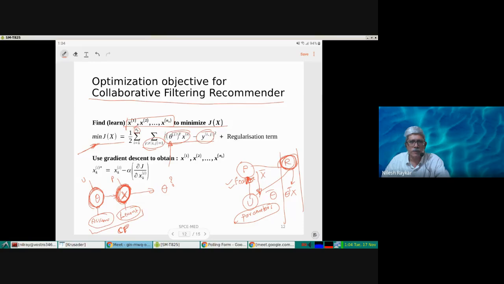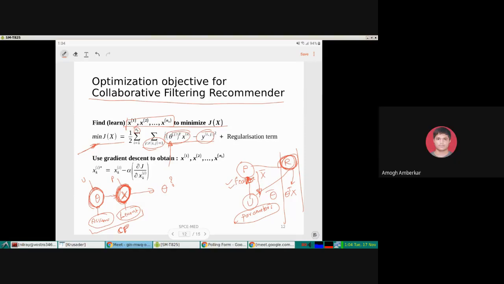Now the user vectors, we know they are wrong, so we want to refine them. So what is the way to obtain the user vector from the x vector? You already gave that answer. Only you said it for one book. Sir, we can use it for all books, like check for one user and all the books.